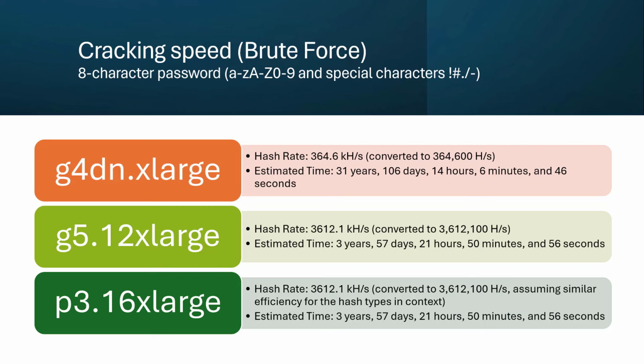And the two instances, the 16 and the 12 G5P3, are very similar because there is a diminishing return on the actual amount of speed in this kind of cracking.